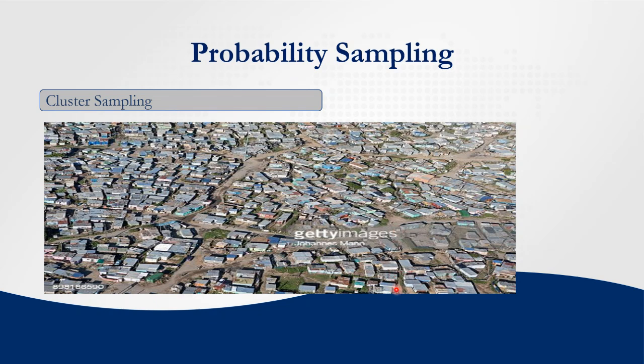The other example of cluster sampling can be when you are selecting schools, right? If you are doing a study and you're collecting data from learners, then you might select certain schools and only collect data from those schools.